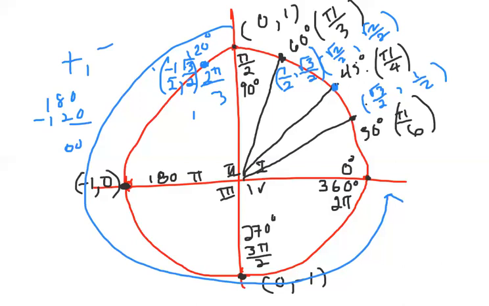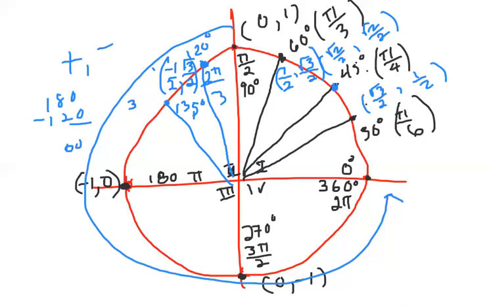So if we were to go to the 45-degree one, which is 3 pi over 4 for 135 degrees, let's say we drop it over here, 135 degrees. That's going to be 3 pi over 4.